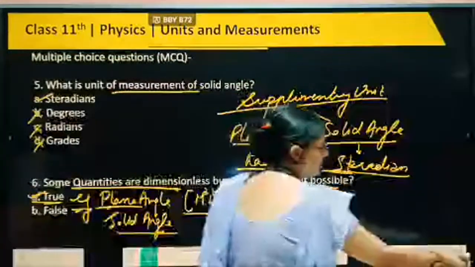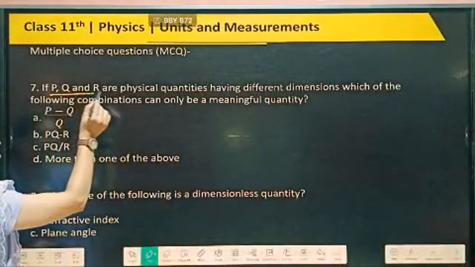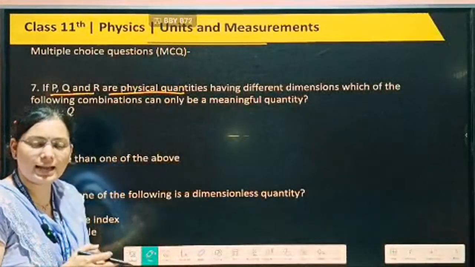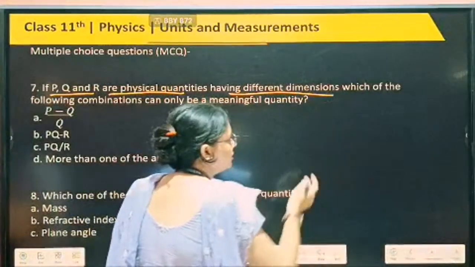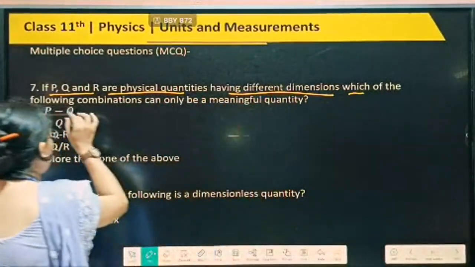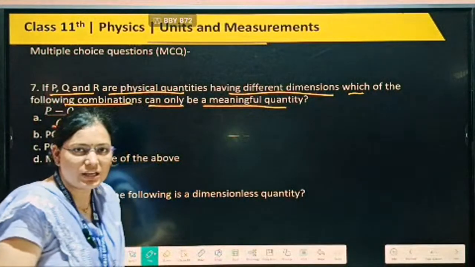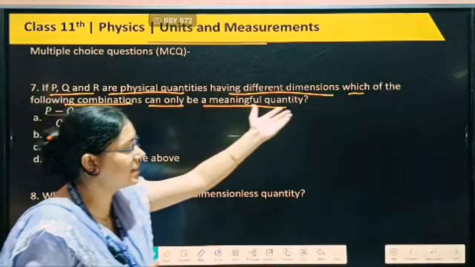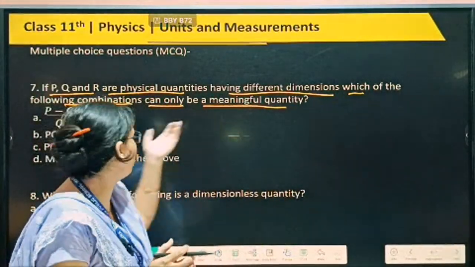Next question: if P, Q, R are physical quantities having different dimensions and different units, then which of the following combinations can be a meaningful quantity?